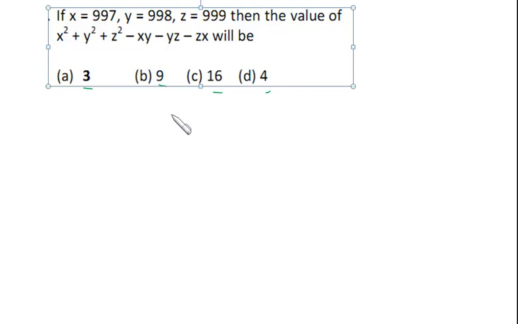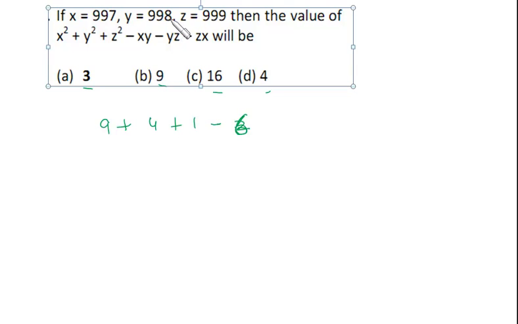The first thing. Second thing, if unit digit is not unique, then even you can go by the digital root method also, right? I just take unit digit method over here. So x square unit digit will be 9, y square unit digit will be 4, z square unit digit will be 1, xy 7 into 8 is 56, so unit digit is 6. I'm sorry.